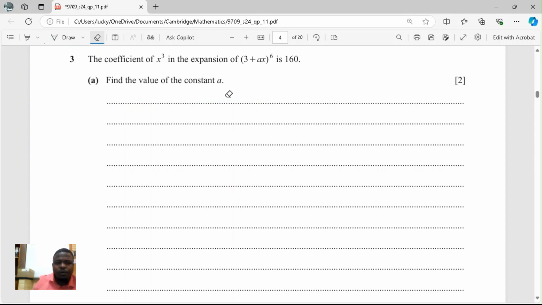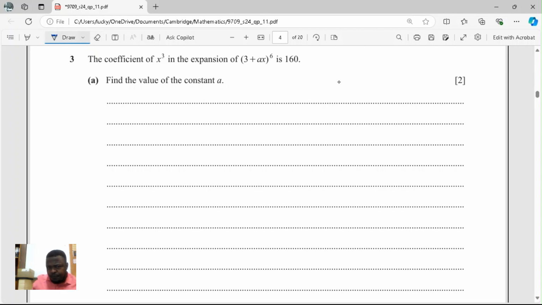According to Pascal's triangle, anything raised to the power of 0 will be 1. We're talking about a binomial here. Let's say I have a plus b. (a plus b) raised to the power of 0 will be 1, and these are the coefficients.